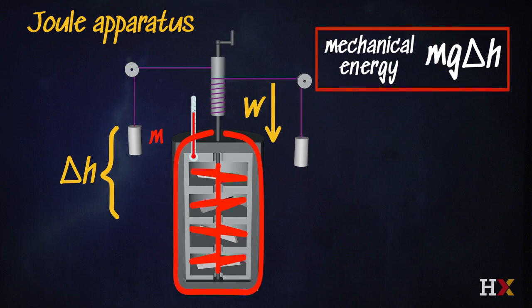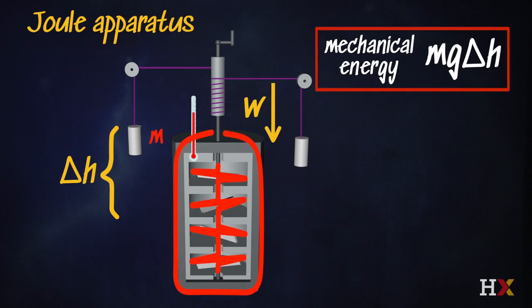But look what he did. He passed that work as a rotating shaft through the intersection between the system, which was the water, metal, and swinging paddles, from the surroundings, which are represented by the falling mass that contributed the energy, into which the rotating paddles converted that mechanical energy to thermal energy.